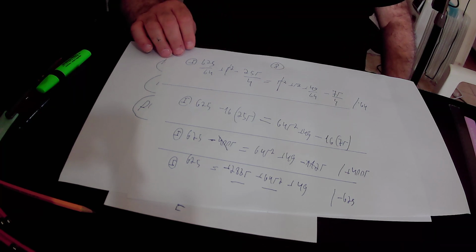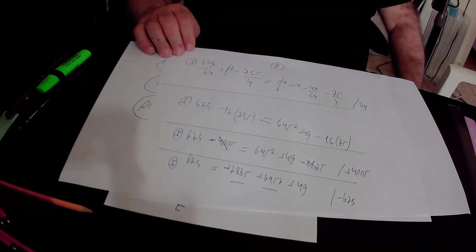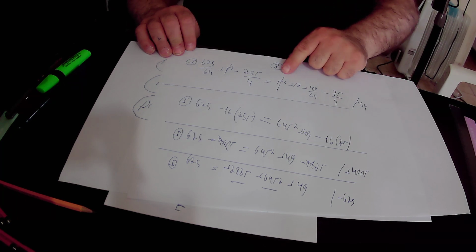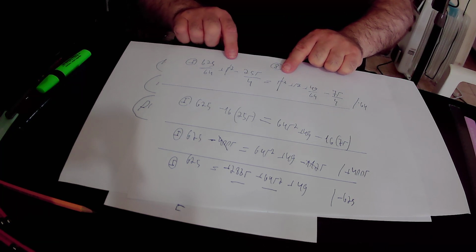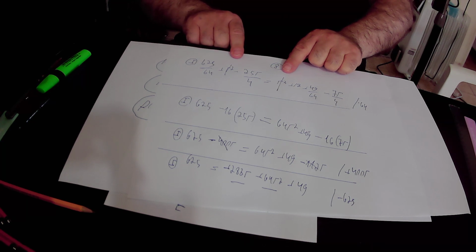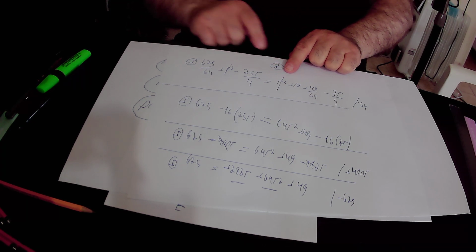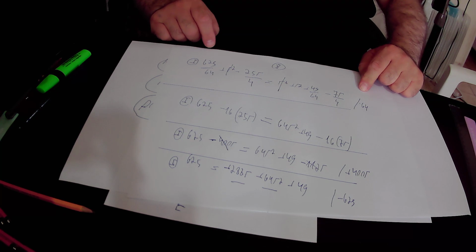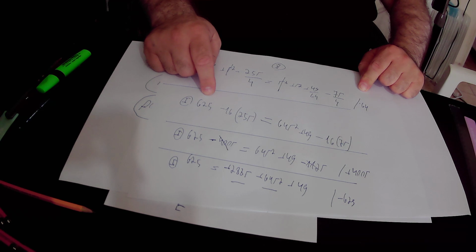Then we multiply this equation by 64. But first of all, we have r squared on both sides of this equation, equation number 1, so r squared will get cancelled. Then we multiply equation number 1 by 64. 625 times 64 over 64 is 625.